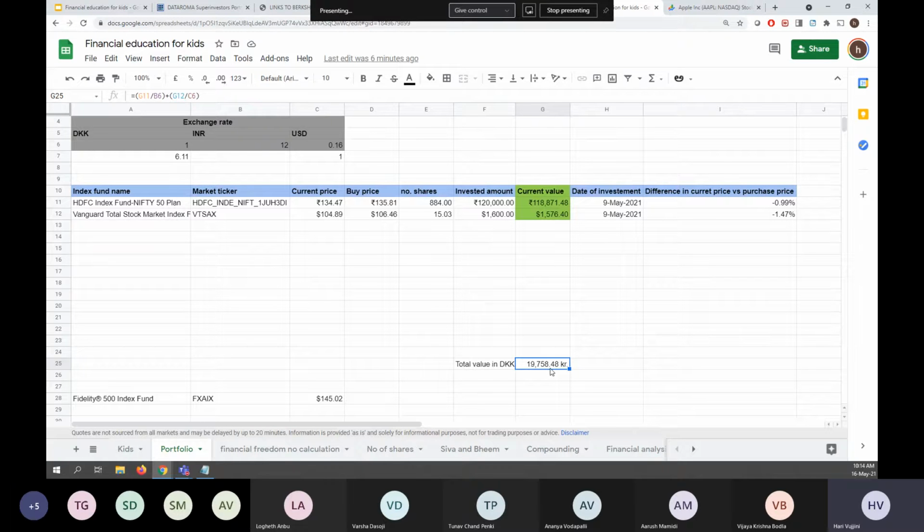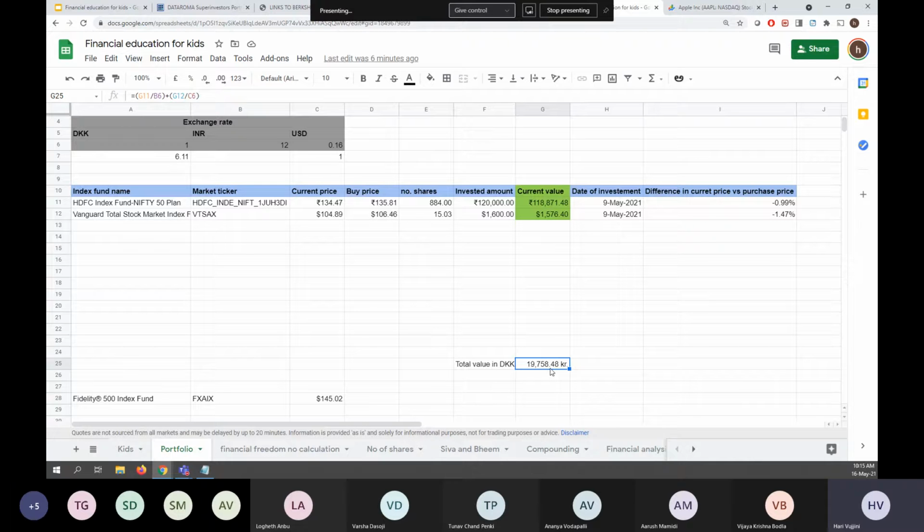So this is how markets behave in the short term. They go up and down, but one should not be worried about that in the short term. You need to look at a long-term view, 1 year, 3 years, especially kids like you with a long time horizon.